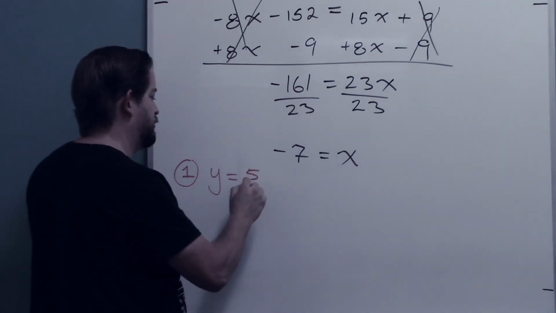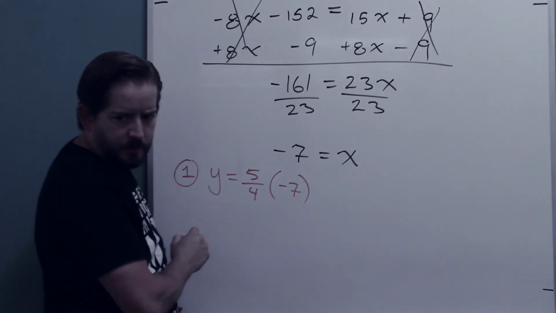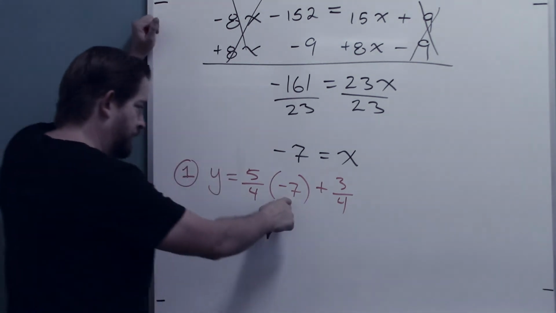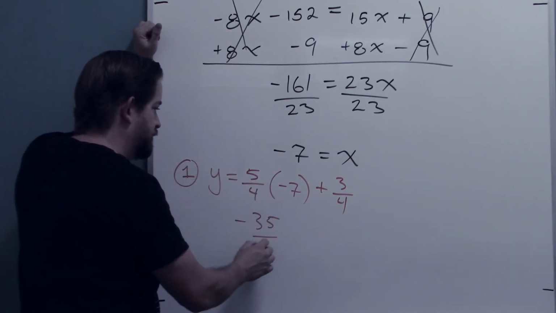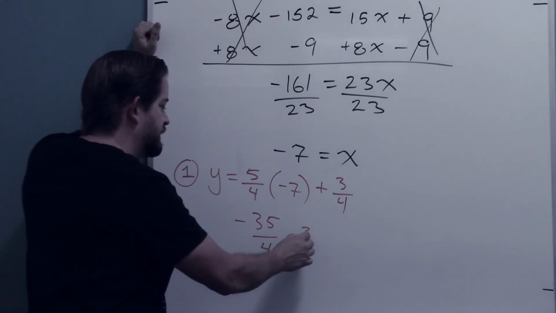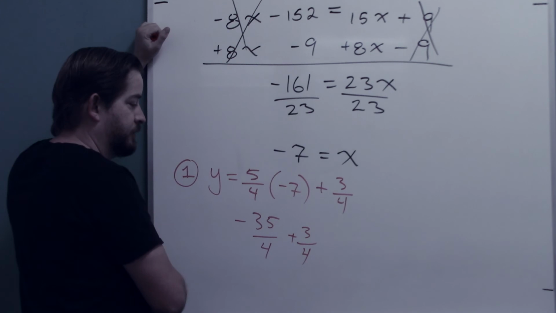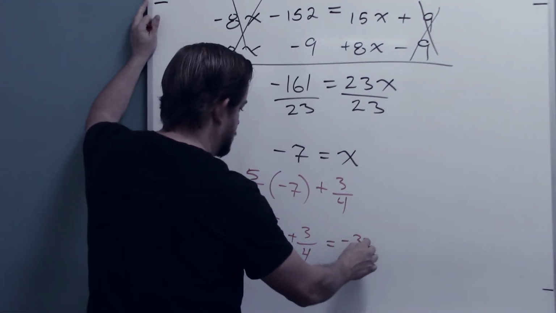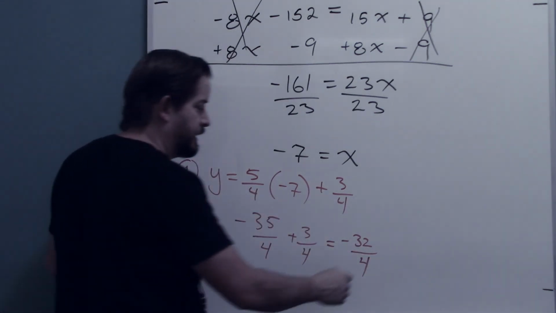So 5 over 4 times this negative 7, and then plus 3/4. So that is negative 35 over 4 plus 3 over 4. That's negative 32 over 4. 32 is divisible by 4, and we get negative 8.